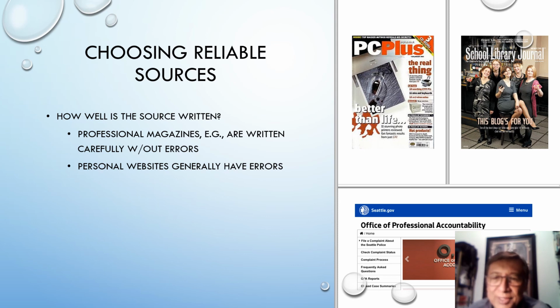Of course, the website indicated at the bottom, seattle.gov, is more of a government website. But if I had a personal website, from a person who's putting out some discipline that they want to comment about, personal websites by one person, maybe in a field, may have errors in it.